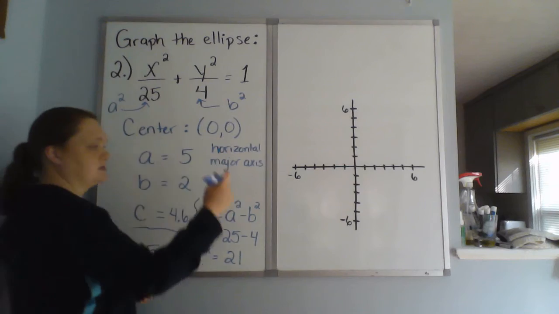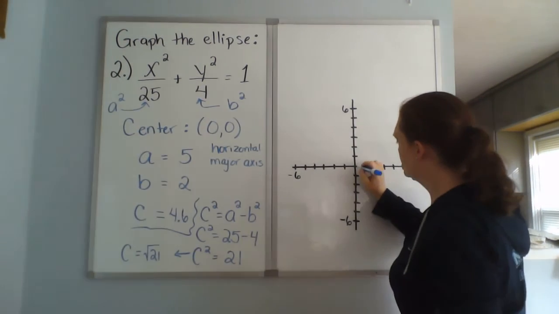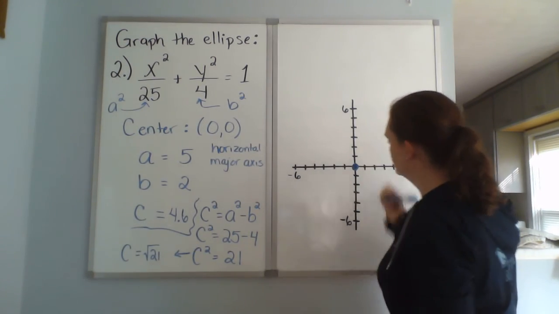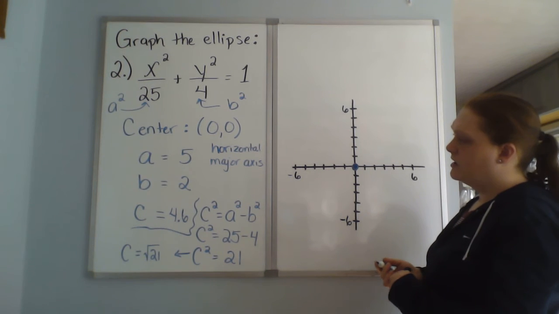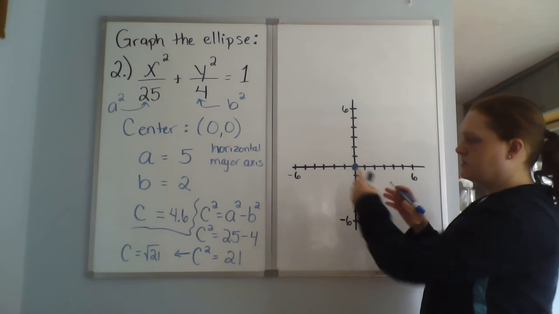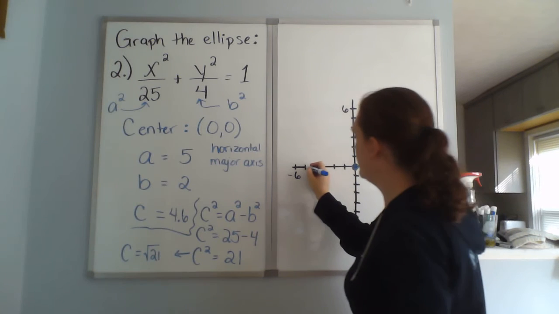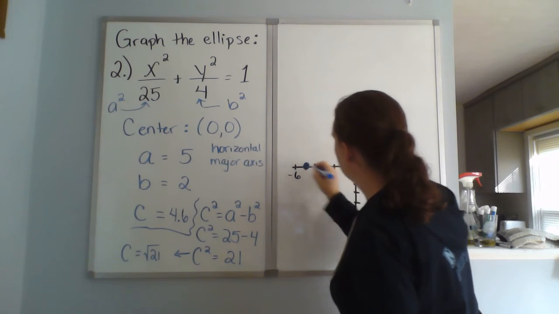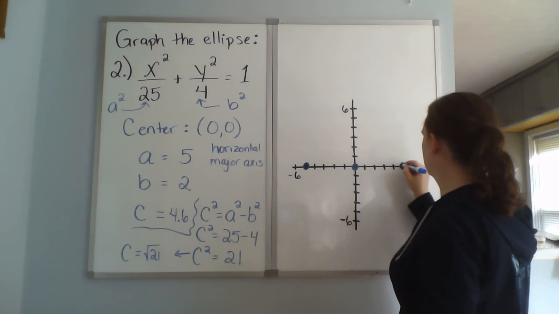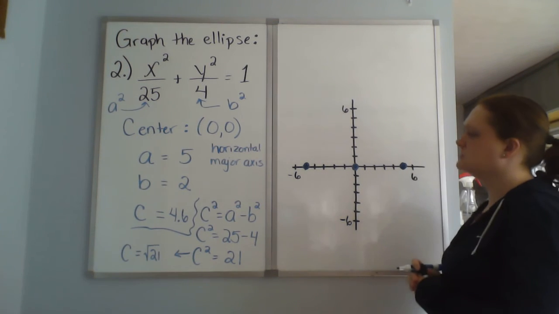All right, so our center is at 0, 0. So here's our center. And then we have the major axis going horizontally, 5 units in either direction, so I need to go to -5 and +5. 5 units in either direction.